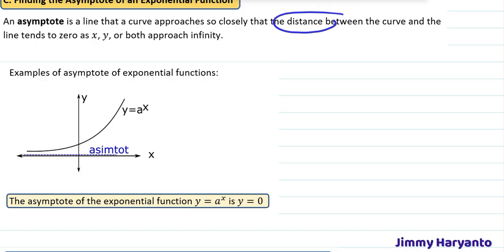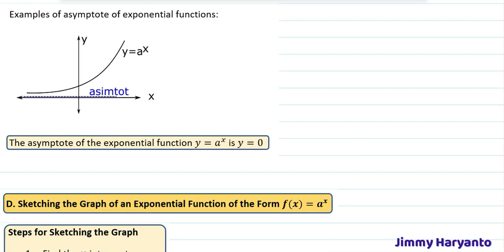The distance tends to 0. That is the definition of asymptotes. The asymptote of the exponential function in the original form is y equals 0. As I told you before, when we have one that is not original, the asymptote will also be translated or transformed. Usually it's translated.